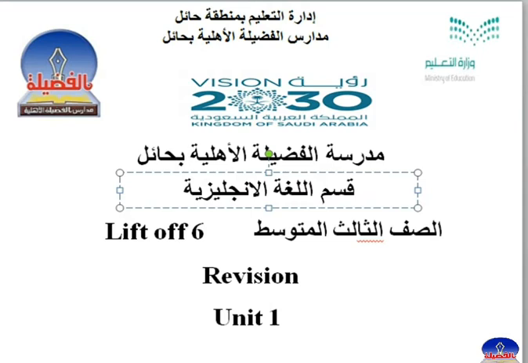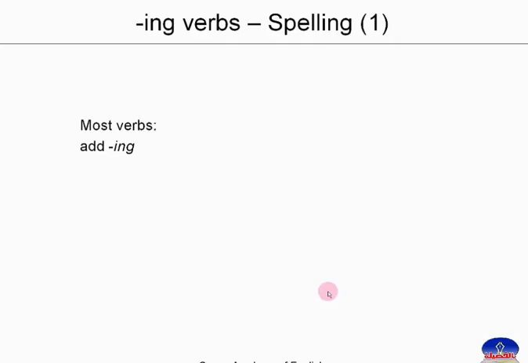Today, we are going to revise some grammar from Unit 1 about rules of adding ing to verbs. So, we'll start off with the easy one. Most regular verbs, we simply add ing to the infinitive. We add ing to the base verb.